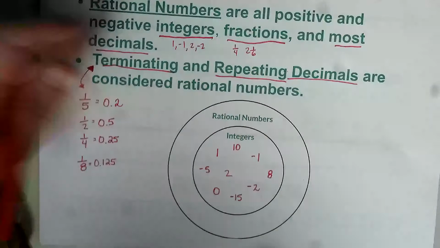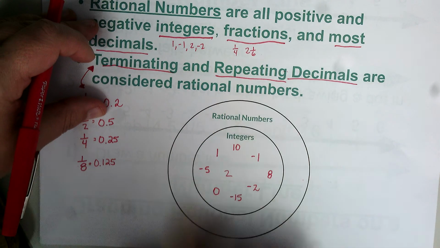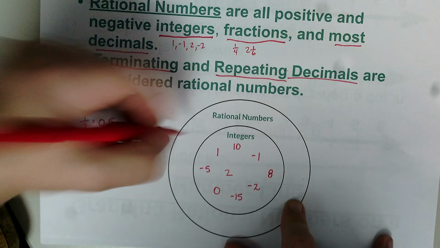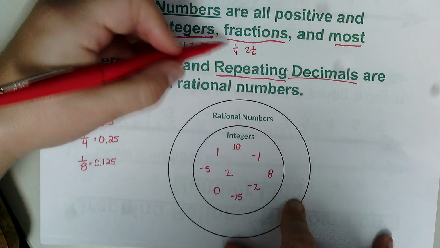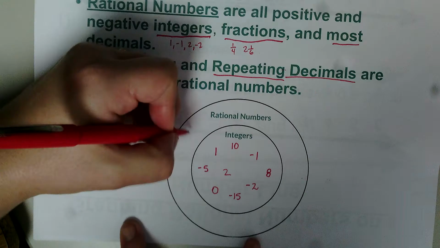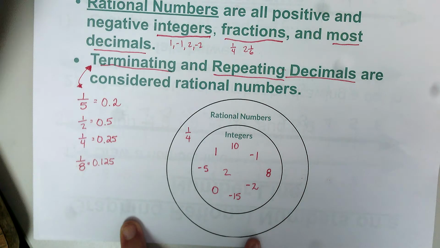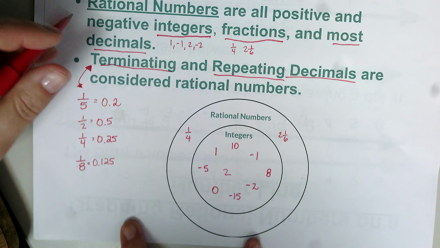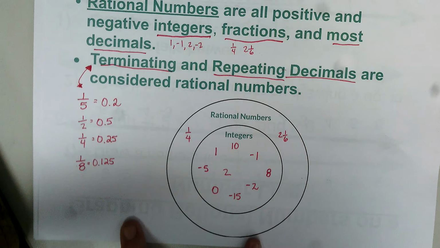All right. But outside of the integer circle, there's rational numbers, okay? So if I put my terminating or my fractions, who are also rational numbers, it says rational numbers are fractions. So I can add 1/4, okay? And 2 and 1/6, those are both fractions and they're considered rational numbers, okay?